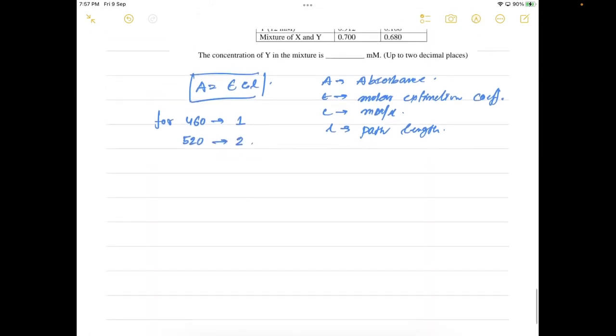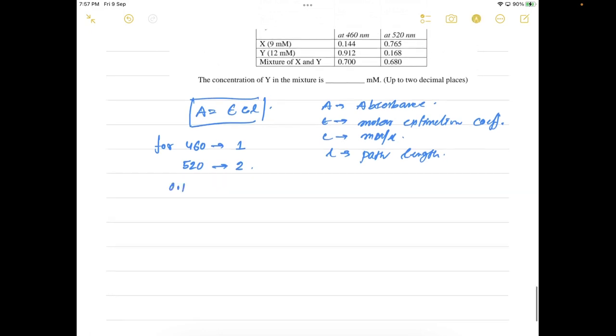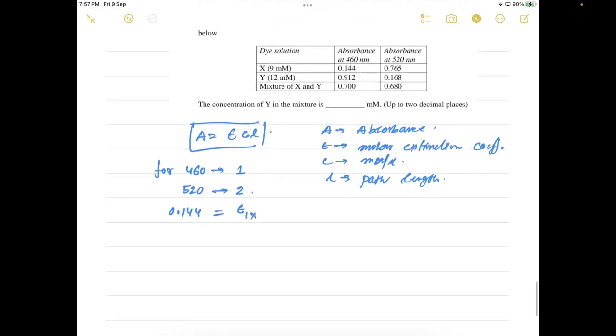So for X, 0.144 equals epsilon 1x, the molar extinction coefficient of dye X at 460 nanometer, times concentration 9 millimolar, times l equal to 1.